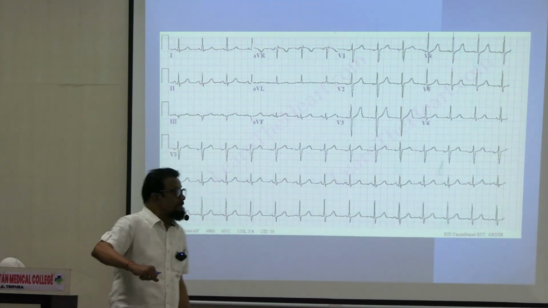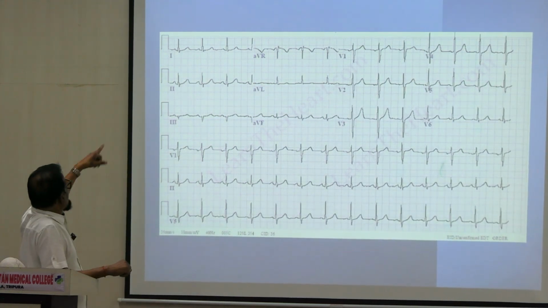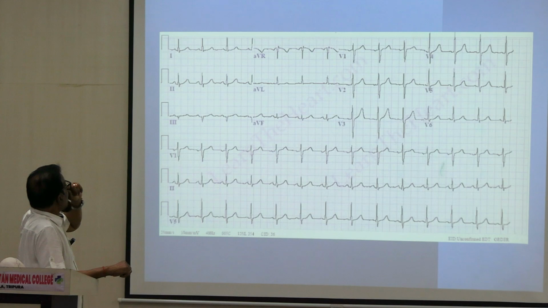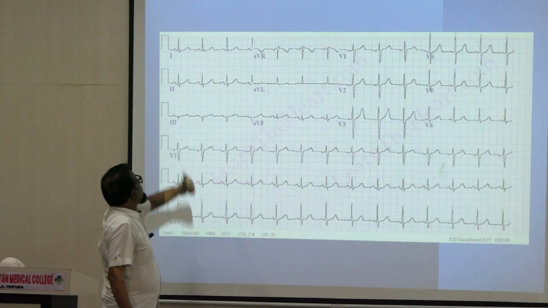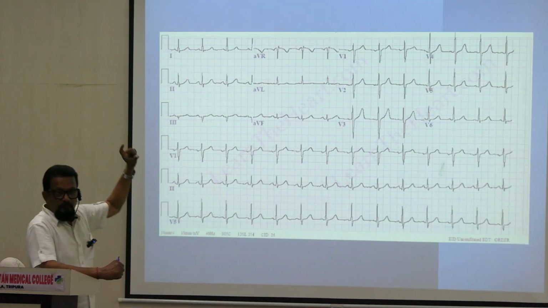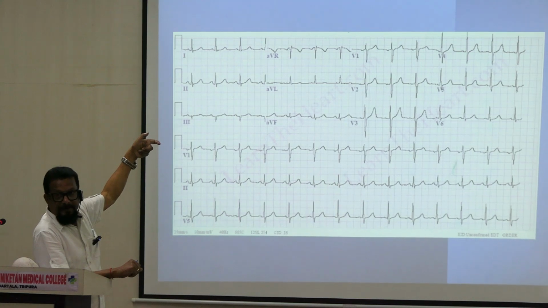Calculate what is the net voltage of lead 1. Well, how much is the positive wave, R wave? 5 on top and 4 below, 9.